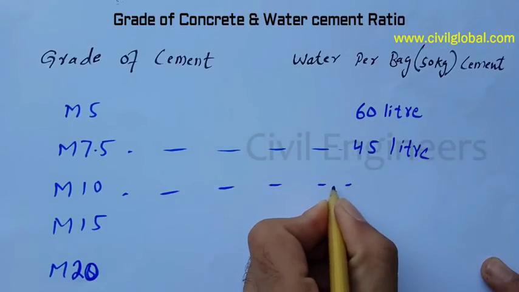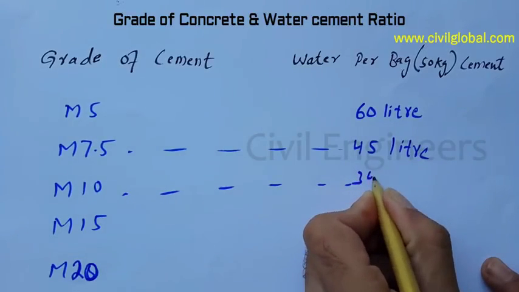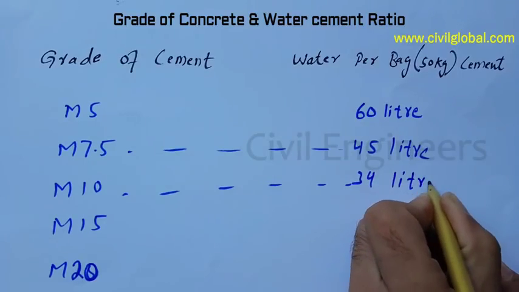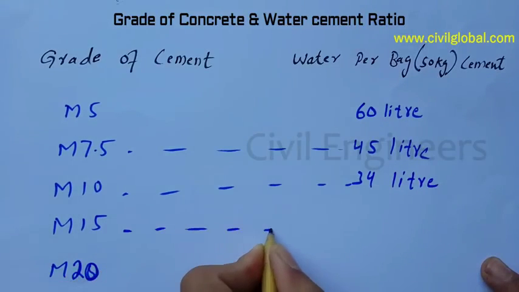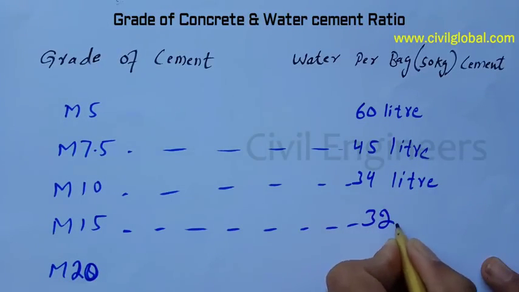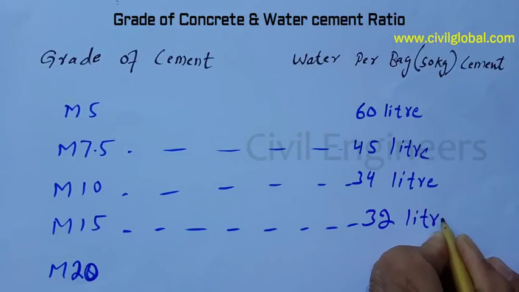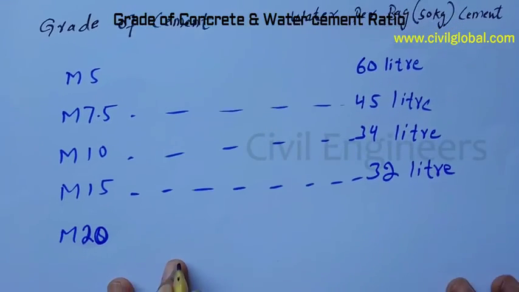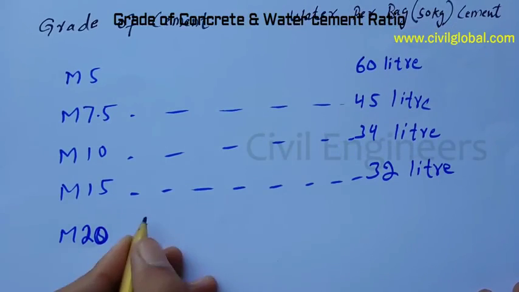For M10 we require 34 liters. For M15 we need 32 liters. And for M20 we need 30 liters.